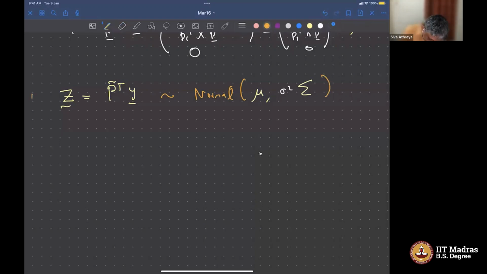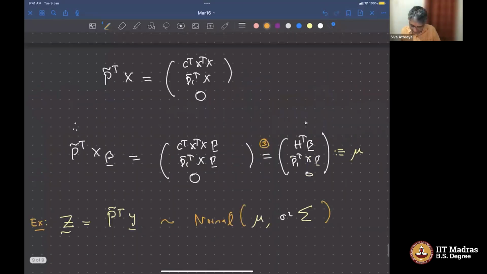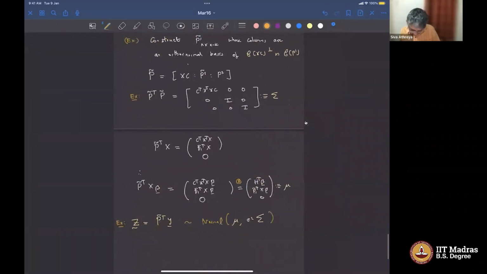It's a simple exercise to check, because Y is normal with mean mu and variance sigma squared I, and P tilde transpose Y, a linear combination, will give you sigma squared times the sigma. The sigma and mu are from above, right here.